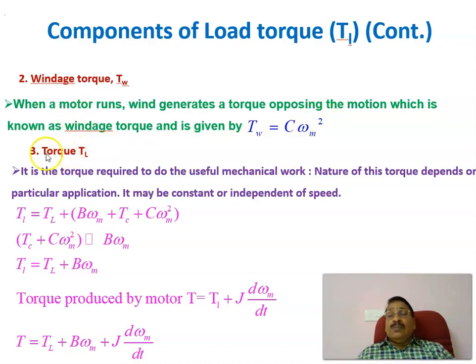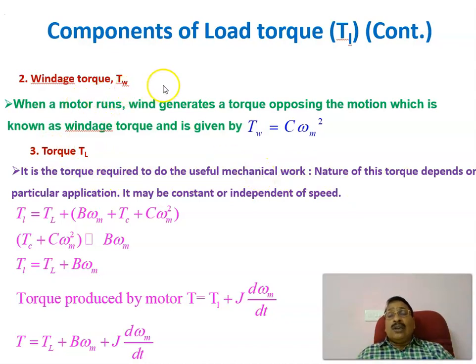The third part is called torque TL, the torque required to do the useful mechanical work. The nature of this torque depends on the particular application. It may be constant, or depend on the speed, linearly varying, inversely varying, or a square of the speed. That is the part of the torque that is producing the mechanical output work.